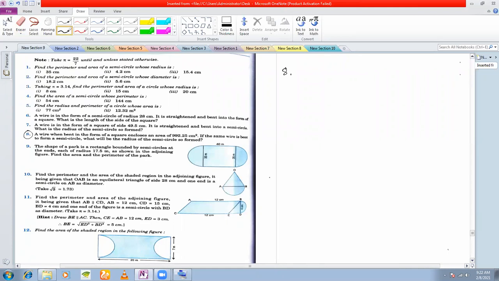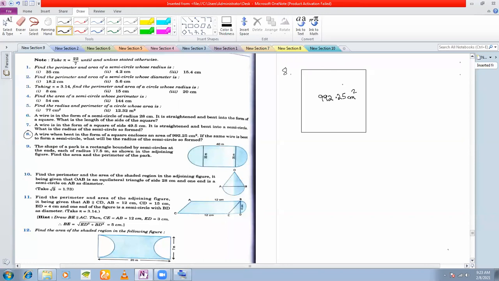Once you make a square out of it, you find that the area of this square is given as 992.25 centimeter square.